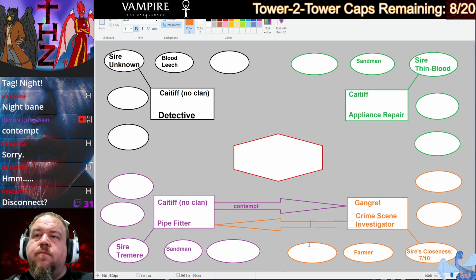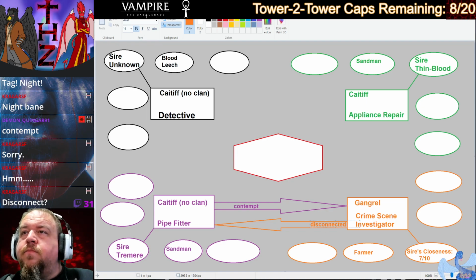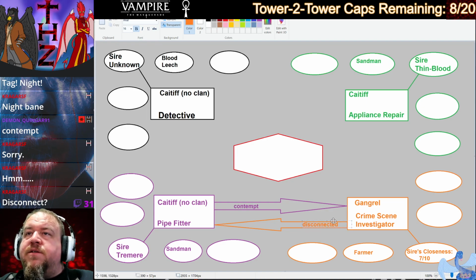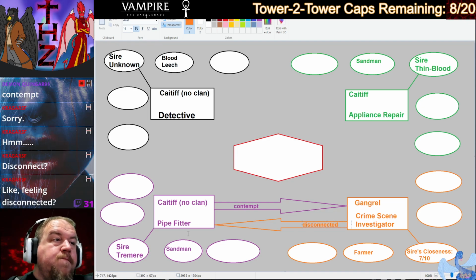Okay. So this character feels disconnected from the other character.